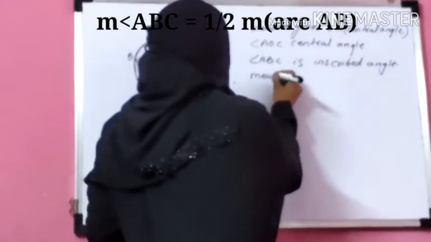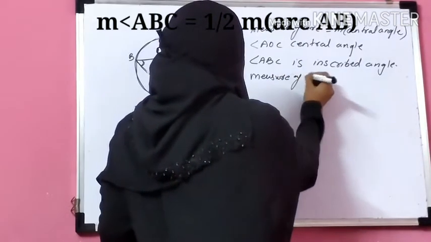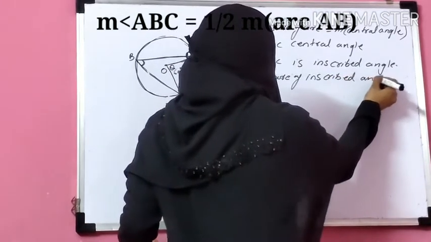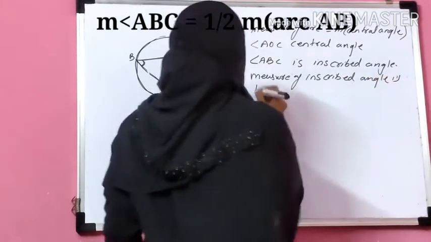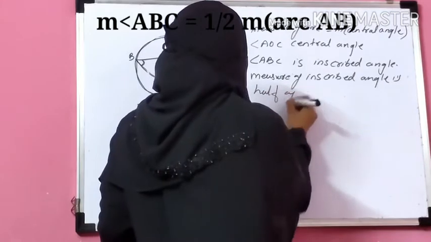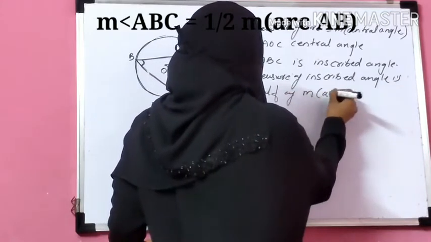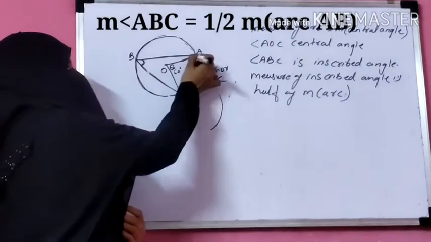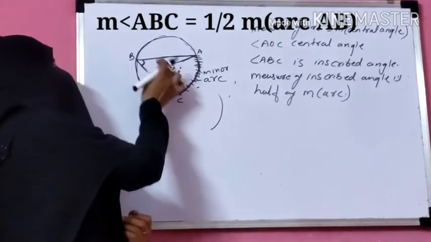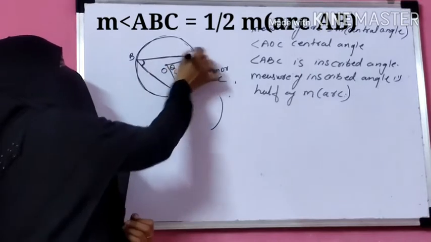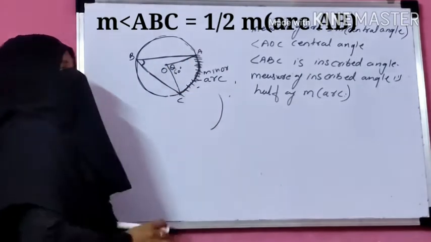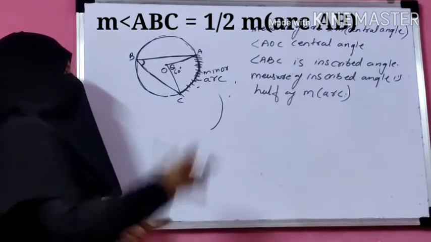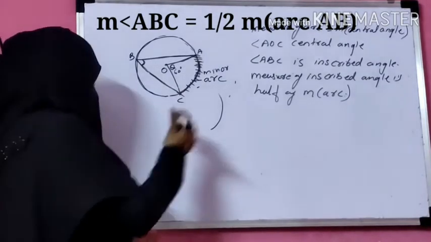So the measure of the inscribed angle is half of the measure of the arc intercepted by that angle. So half of that arc. Okay. Exercise 3.3. And one more thing.